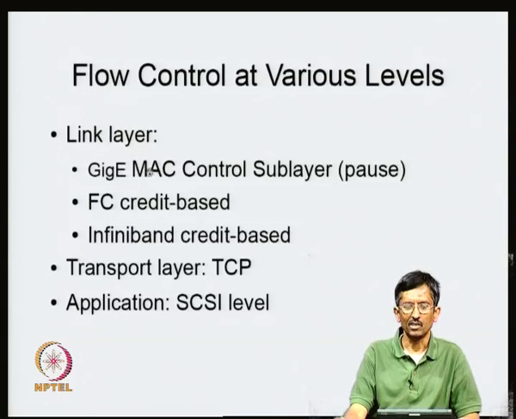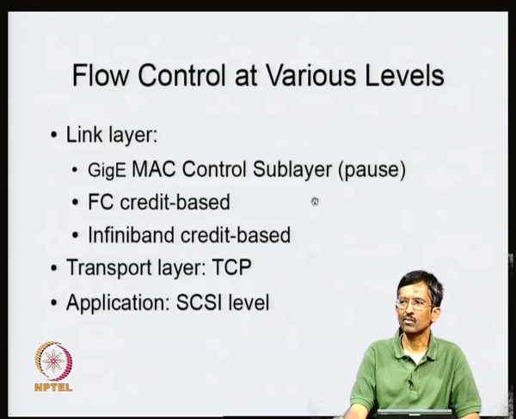Okay. There is also something called credit-based, where you can send only so many credits of data. Okay. For example, the initiator and the target can decide beforehand that there are going to be 64 credits or 256 credits, and then every time an ACK comes, your credit increases. Every time you send data, you decrease your credit.